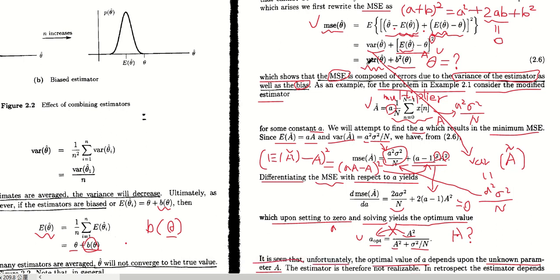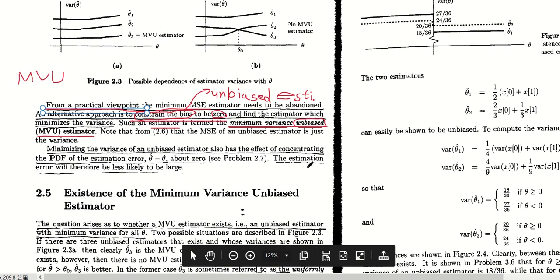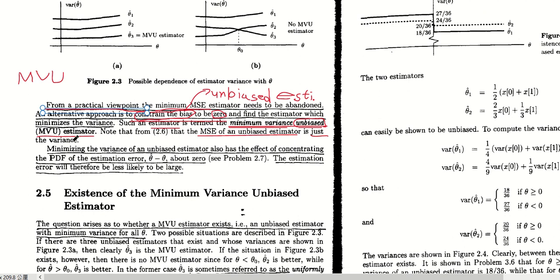Then it will be to minimize the variance of theta hat. So the MSE of an unbiased estimator is just the variance. Minimizing the variance of an unbiased estimator also has the effect of concentrating the PDF of the estimator error about zero. The estimation error will therefore be less likely to be large.